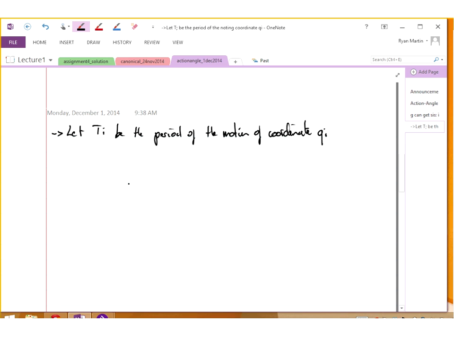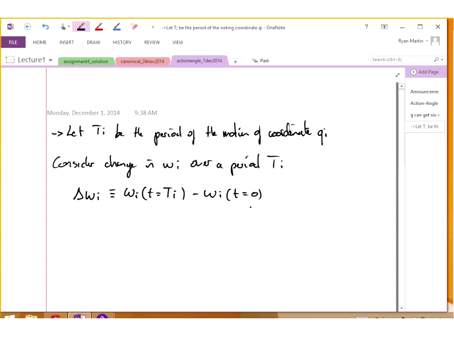So delta Wi, lowercase w's, I'm going to define to be Wi evaluated at the time Ti minus Wi evaluated at time t equals 0.